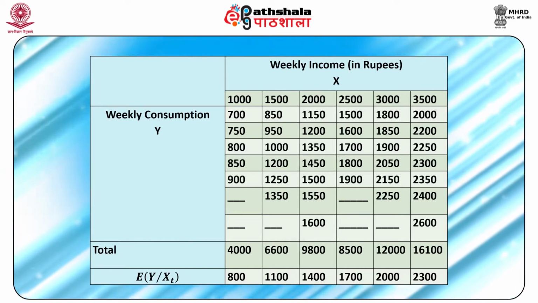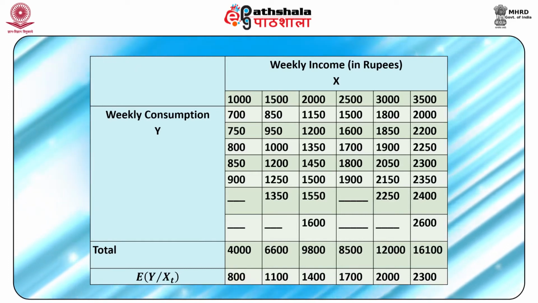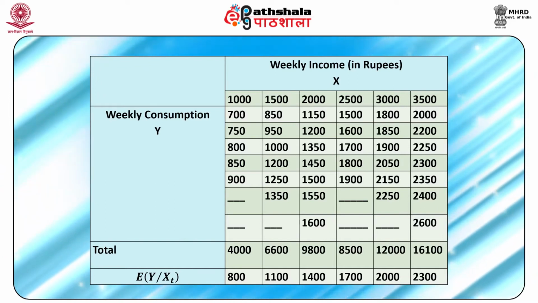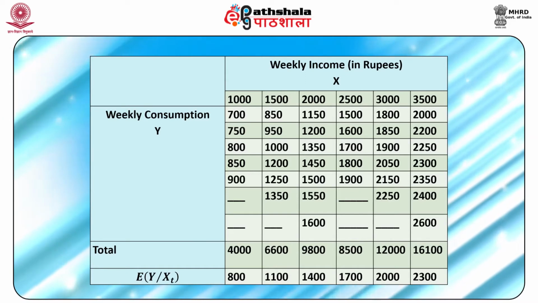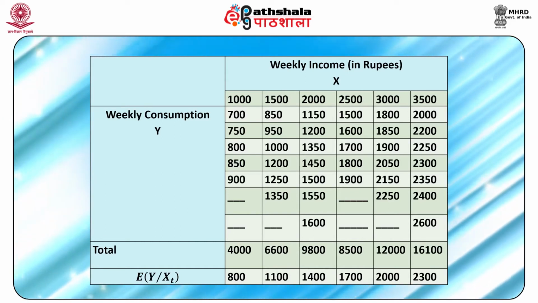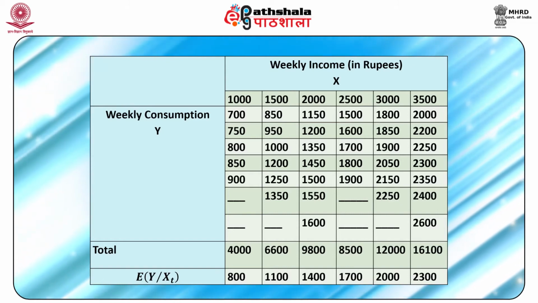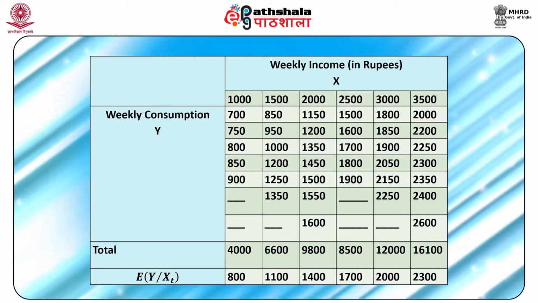So if you look at this number 800, it gives you the mean consumption of all those households whose weekly income is rupees 1000. Similarly, 1100 gives you the mean weekly consumption of all those households whose weekly income is 1500, and so on. So this is what we can see from the last row, which is a very important kind of information one can obtain from this table.